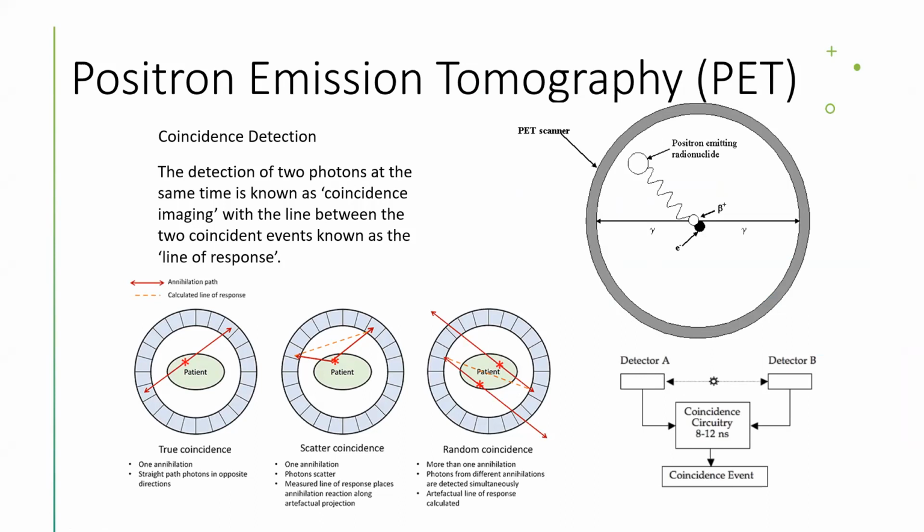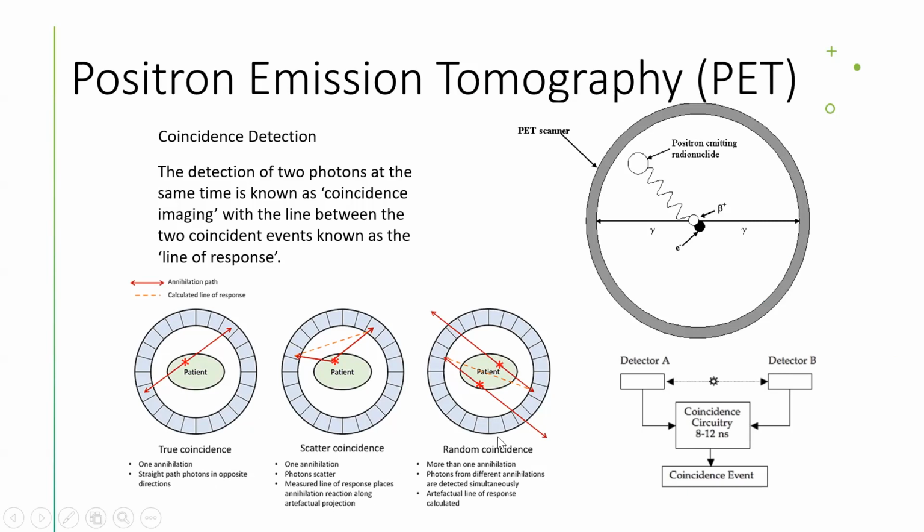This is an ideal way, but in practice, it's not happening. Not all the events will be true events. That's why when you see the scan in real time, you will see true coincidence, scatter, and random, and some numbers will come. Typically we need all to be true, but in reality, not all are true.